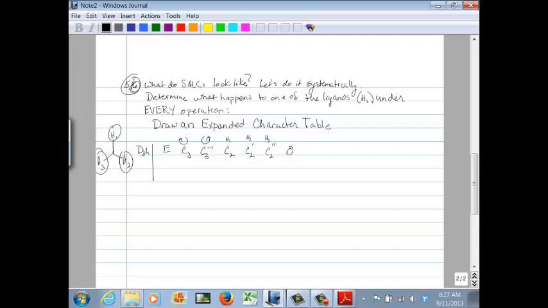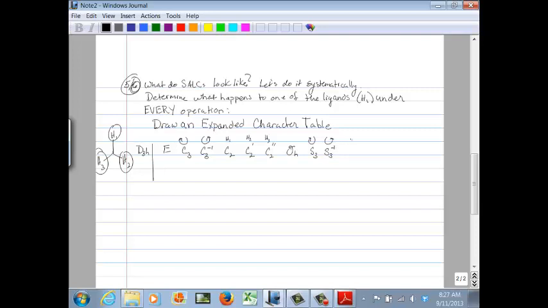We have 1 sigma h. There's 2 S3s, and the S3s correspond to the C3s. So there's a clockwise rotation followed by a horizontal reflection, and then there's a counterclockwise rotation followed by a horizontal reflection, and we'll call that S3 to the -1.